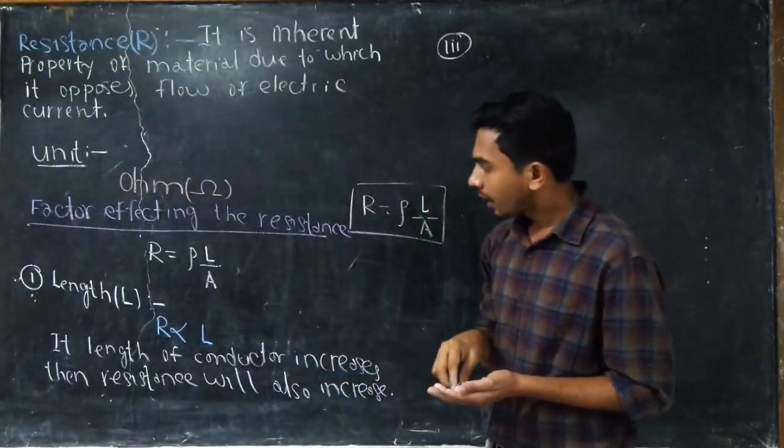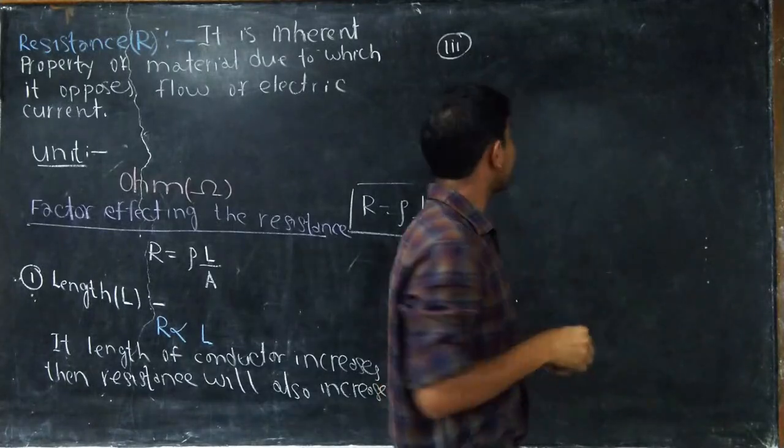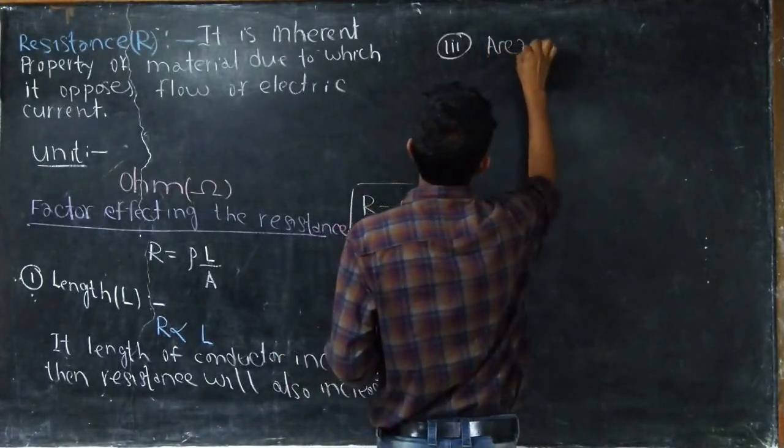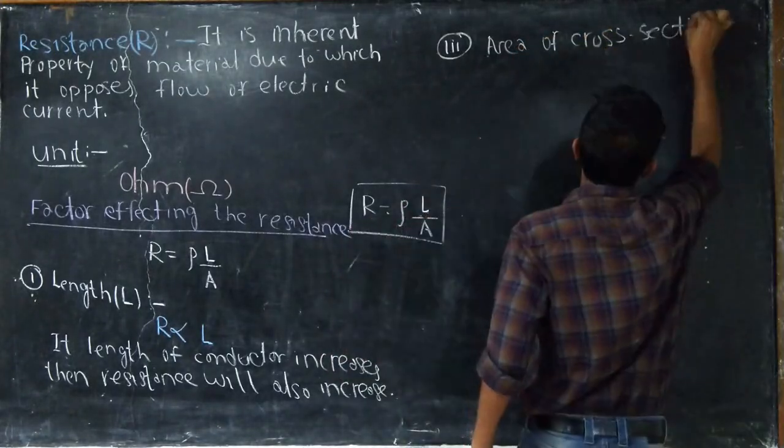The second point is cross-section area, or area of cross section.